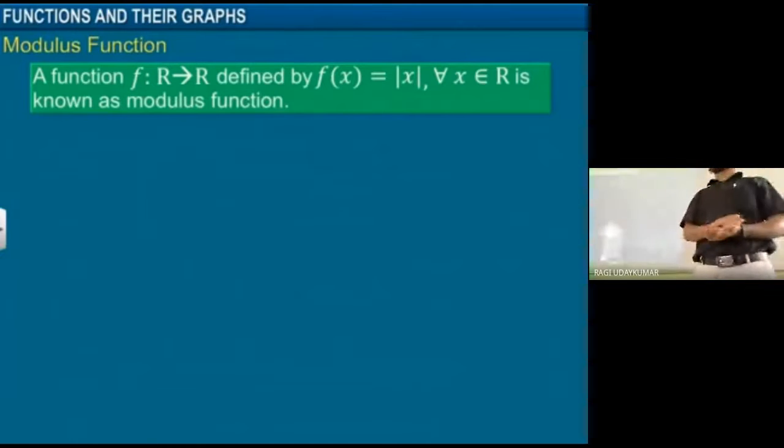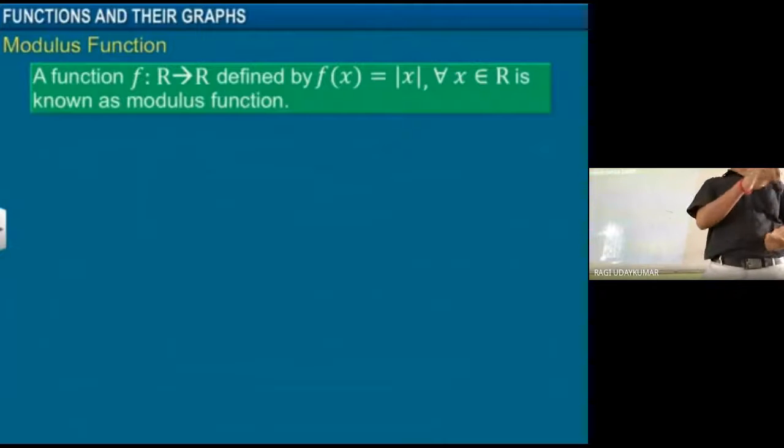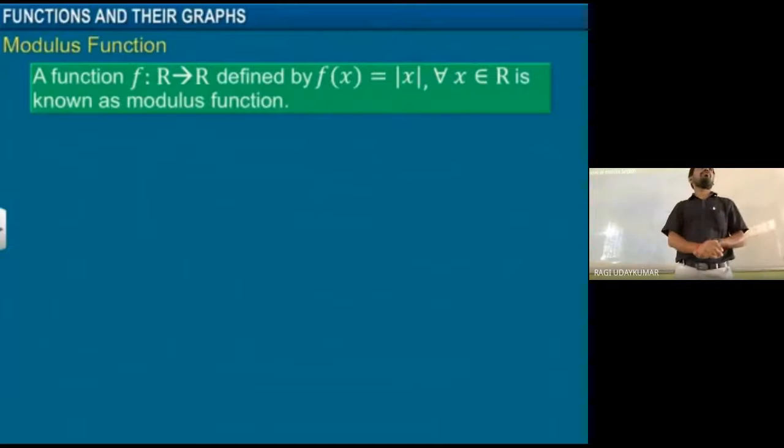Now, how do I represent this function? f of x equal to x if x is greater than or equal to 0, and f of x equal to minus x. How will it be minus x? You tell me, is minus x negative or positive?